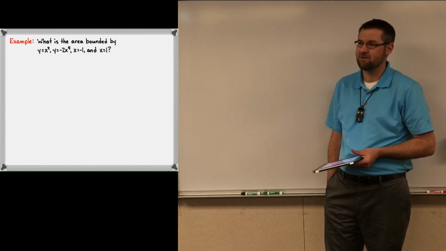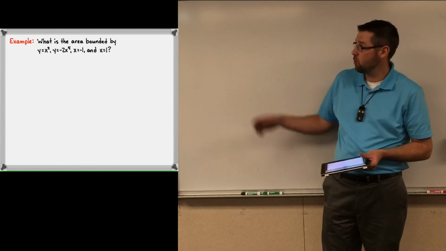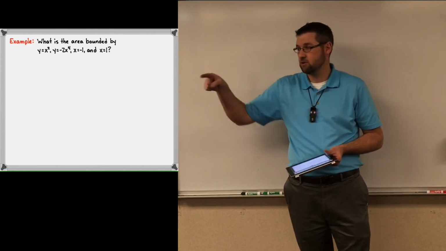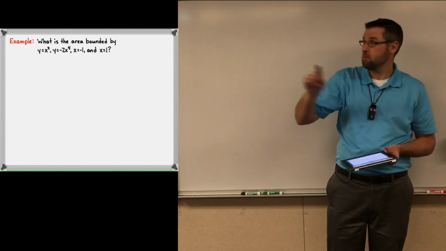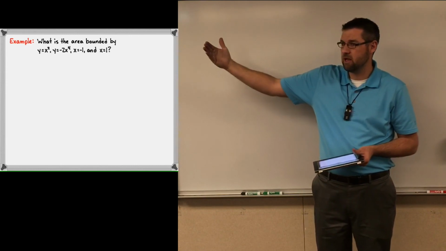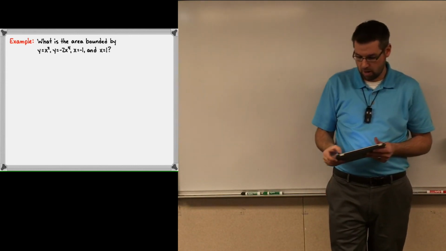X to the fourth has 3 bumps, and this one opens down. So it's going to go like this, but because there's no extra parts of that equation, it's actually going to look very similar to a parabola.